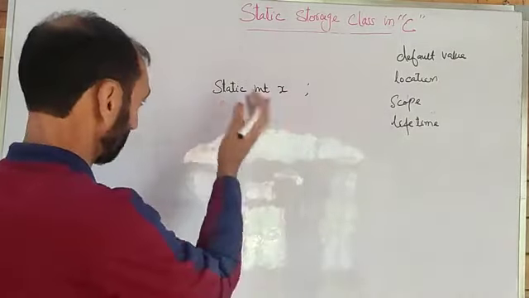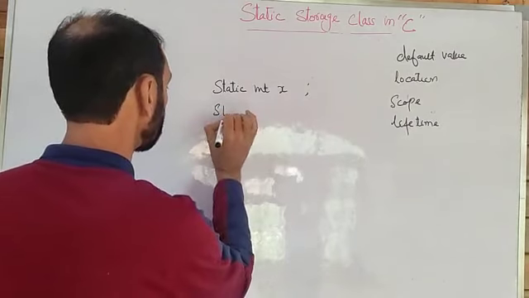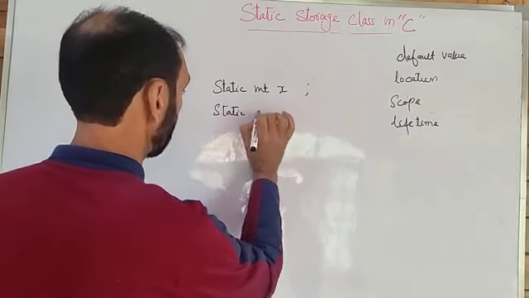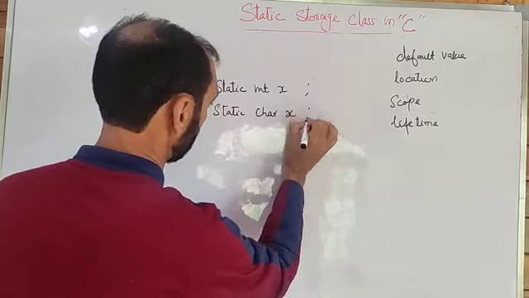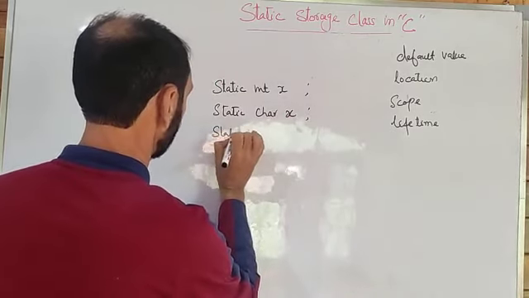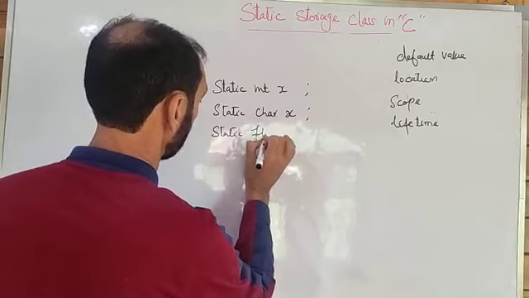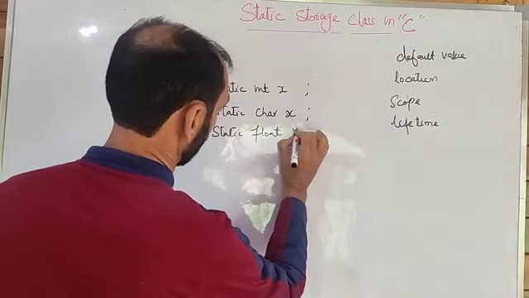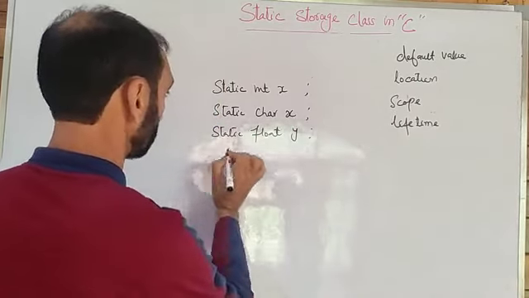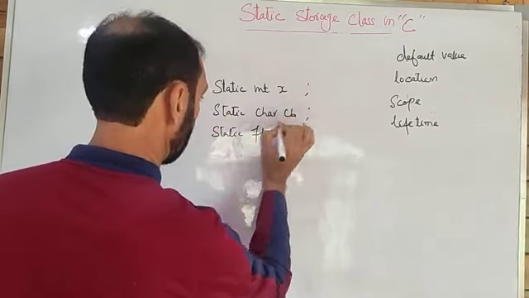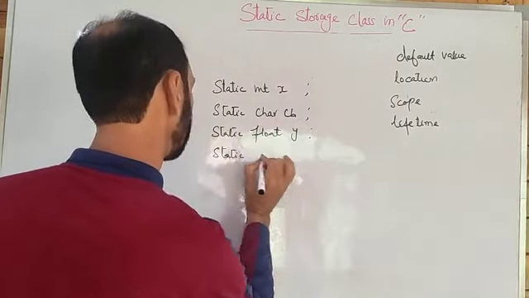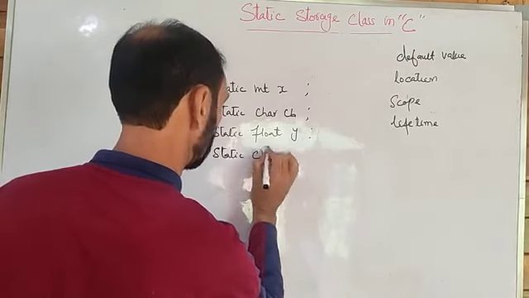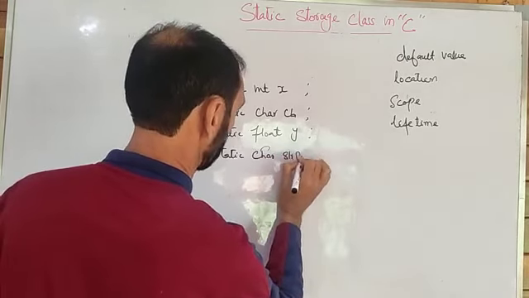And similarly, in the same way, we can declare here a character, static char ch, static float, for example y, and static string here, st30.